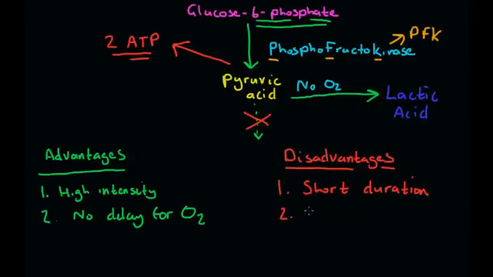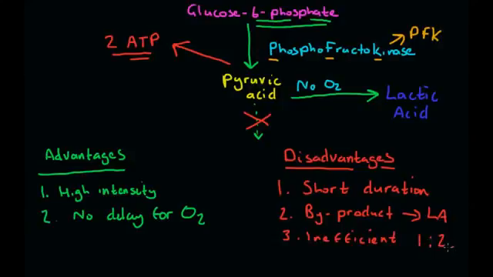Secondly, we have a fatiguing byproduct, and that, of course, is lactic acid. Thirdly, this system, similar to the PC system, is inefficient, and the energy yield is 1 to 2.